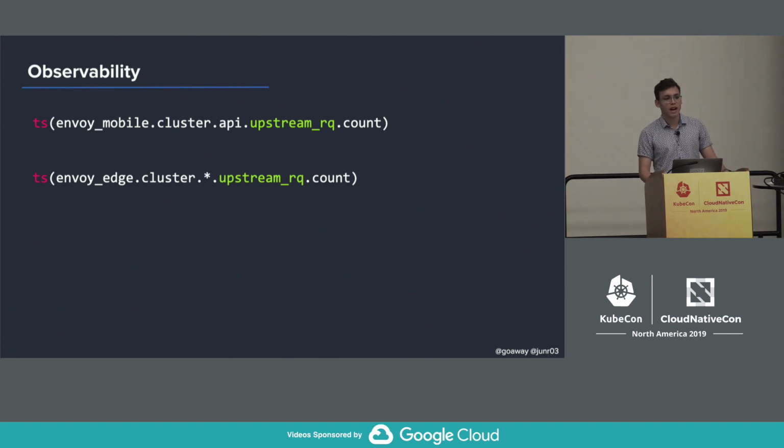For example, it flushes nearly hundreds of time series metrics that have become really essential for Lyft engineers to monitor the network. Well, now that Envoy Mobile is running in our mobile clients, we have access to those same metrics coming from the mobile clients. So here the goal is that engineers are able to really monitor and observe the network end to end using the same tooling and the same concepts.